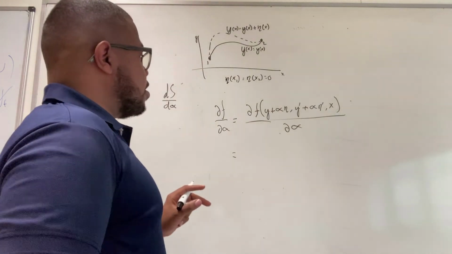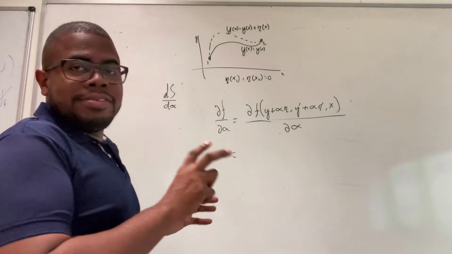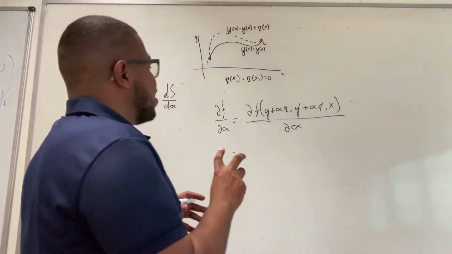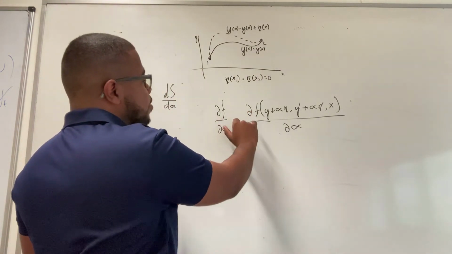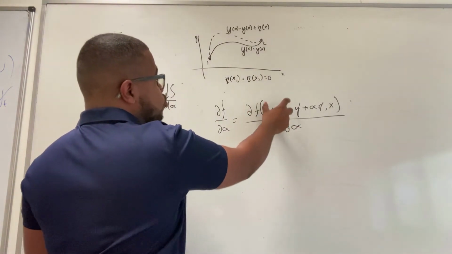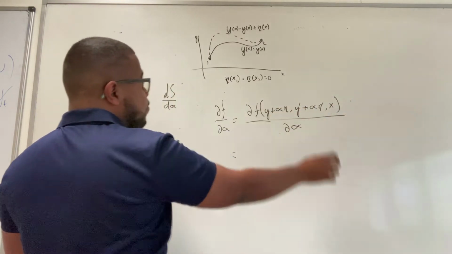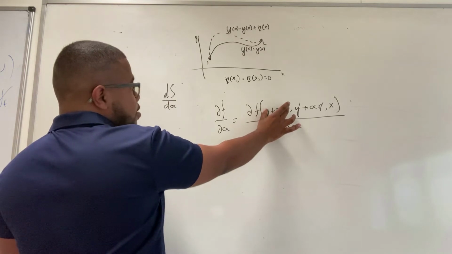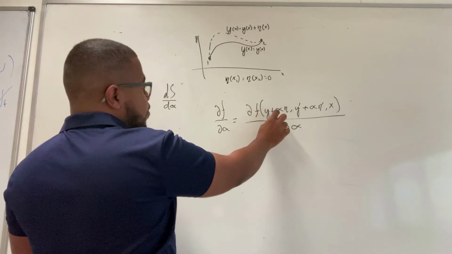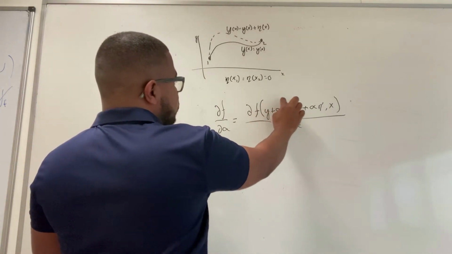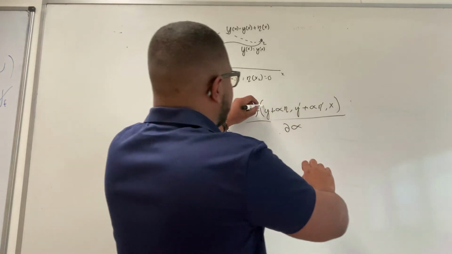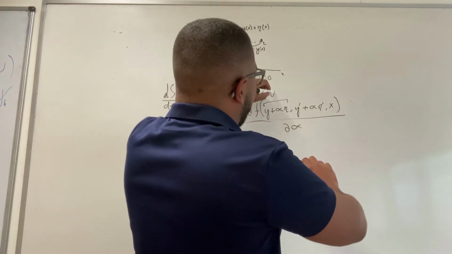The first way we can notice that something has to be done here is that if we take the partial derivative of f with respect to alpha, there are three things in here, not just one. We first look at the first part and take the partial derivative of f with respect to this first thing, which is in essence y.